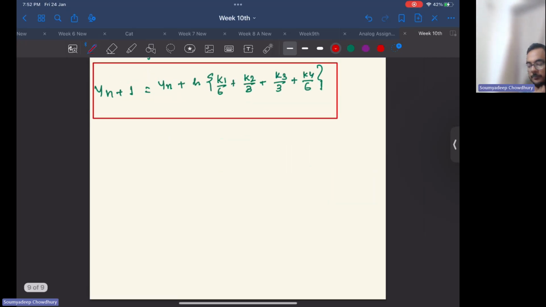Now to understand this geometrically, it will be very difficult, right?